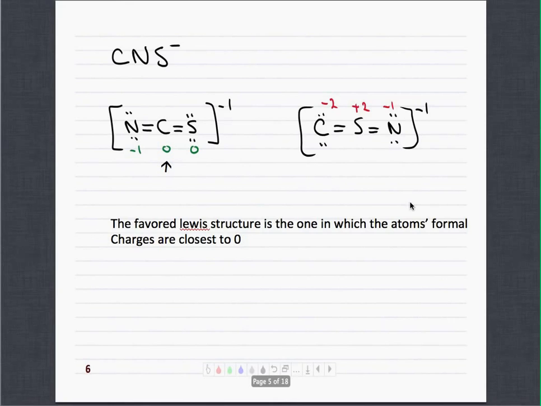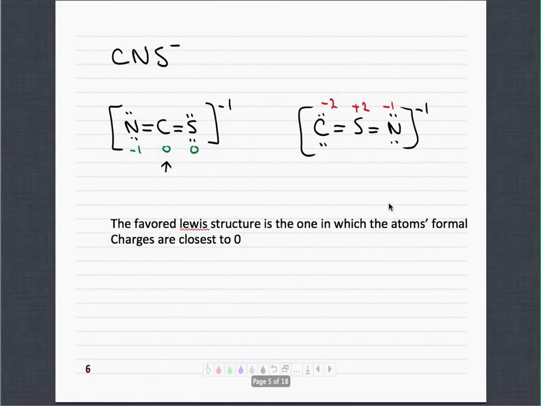So the formal charge is used when you have two Lewis structures and you're asked to pick which one is the favored Lewis structure, knowing that both comply with the octet rule, that means every atom has 8 electrons. So if you look at the Lewis structure, it looks right. It is right, but what's going to determine which one is the favored one?